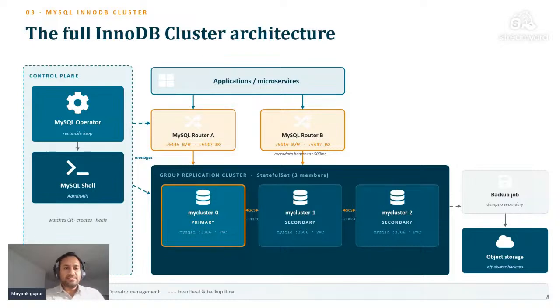Now, the main point is the middle section of this diagram. As you have seen, the application microservices are on the top, then the middle layer is the router. We can have multiple routers so that at the router level, it's not a single point of failure. Application is connected to router A, and router B is a backup router, which is also connected to the application and to the cluster.